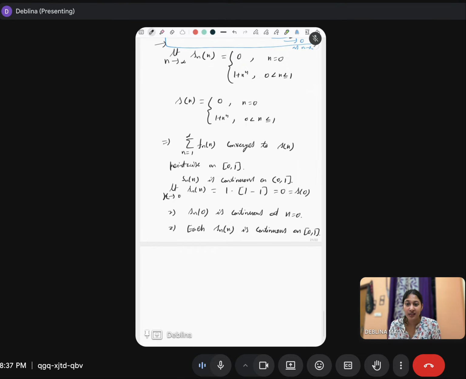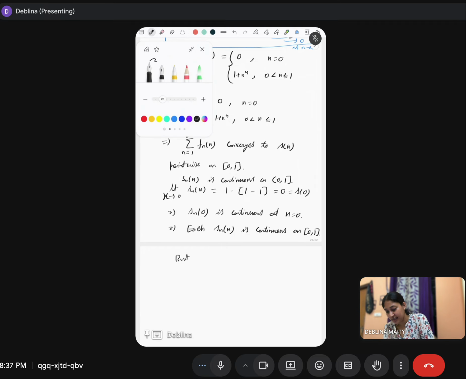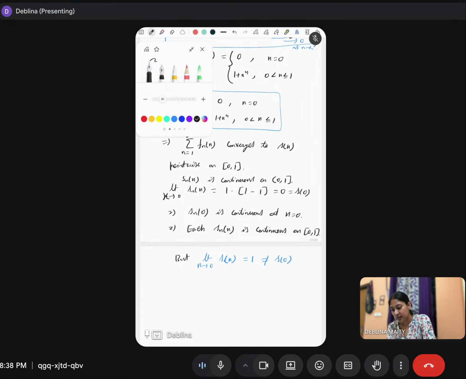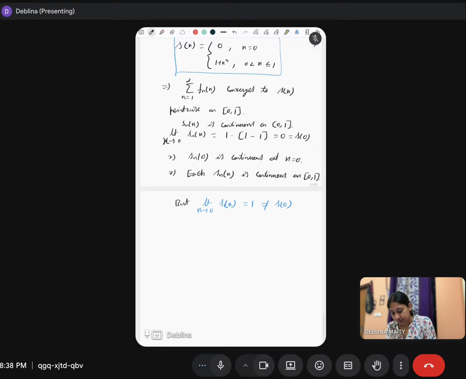But what about the limit S(x)? Here we see that S(x) is not continuous, because limit x goes to 0, S(x) is 1, which is not equal to S(0), right? So S(x) is not continuous.